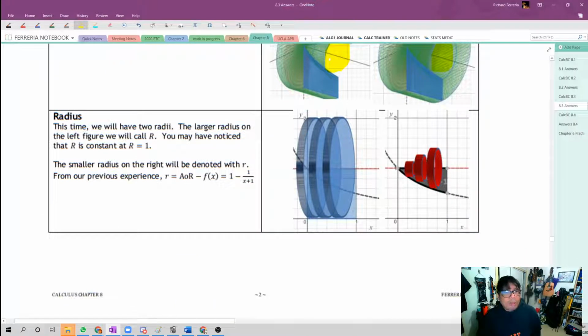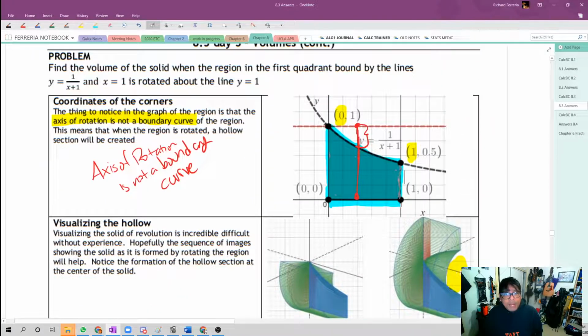So now we have to talk about the radius. This time, we've got to talk about 2 radii, because we have a smaller radius, which basically spans the hollow section, and then we have a larger radius, which goes to the edge of the solid. Now, over here, this is probably the best way to see it.